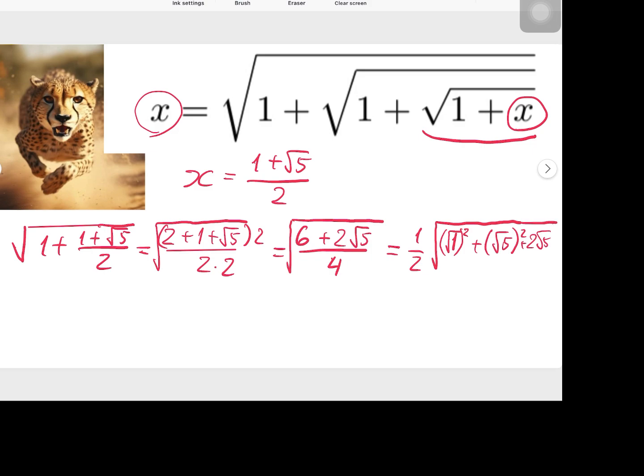Then we have a complete square, which is, forget about square root of 1, we just write 1 plus square root of 5 squared.